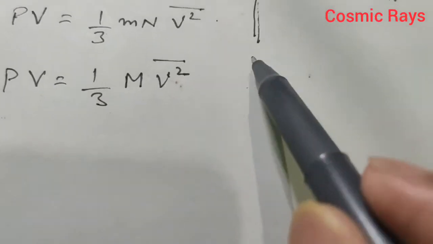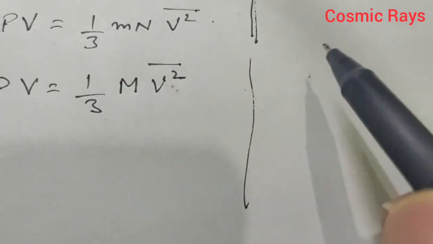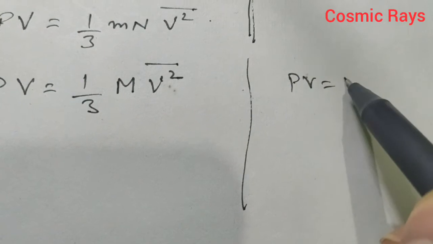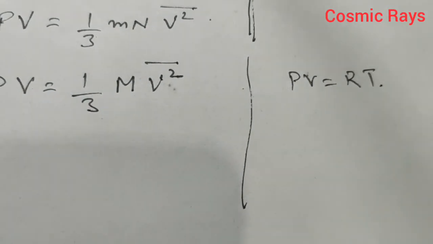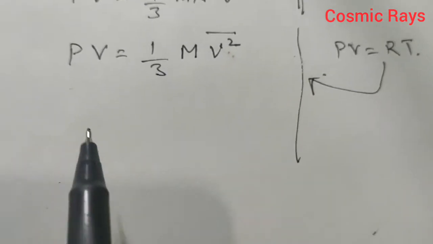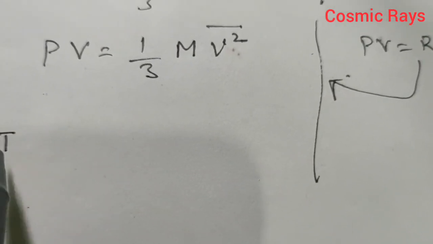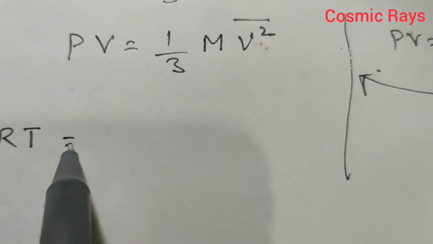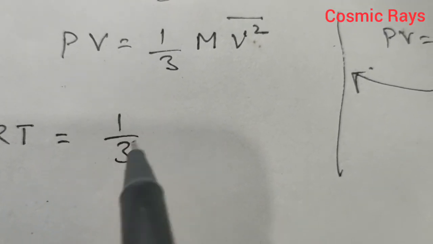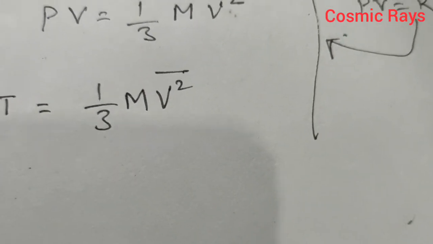Now we know that for 1 mole of a gas, the ideal gas equation is PV equal to RT. So we can use it in this equation. In place of PV, I can write RT is equal to 1/3 M v bar square.